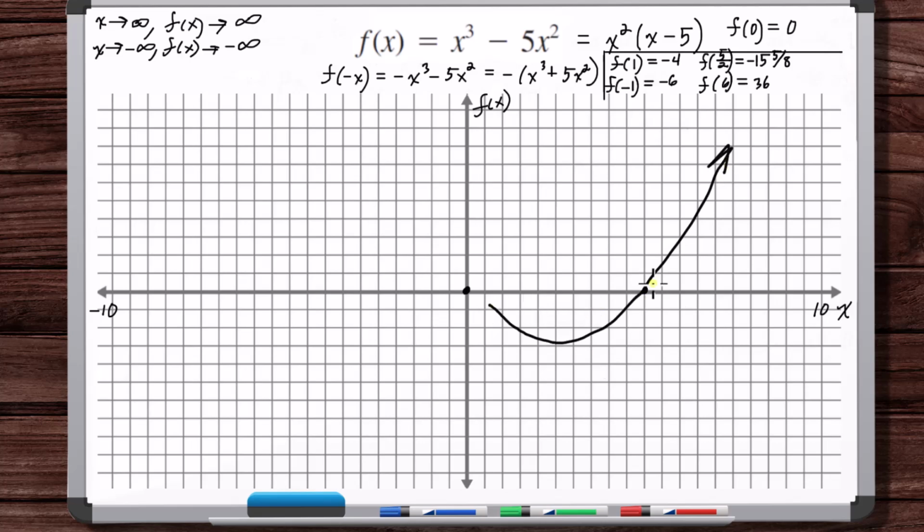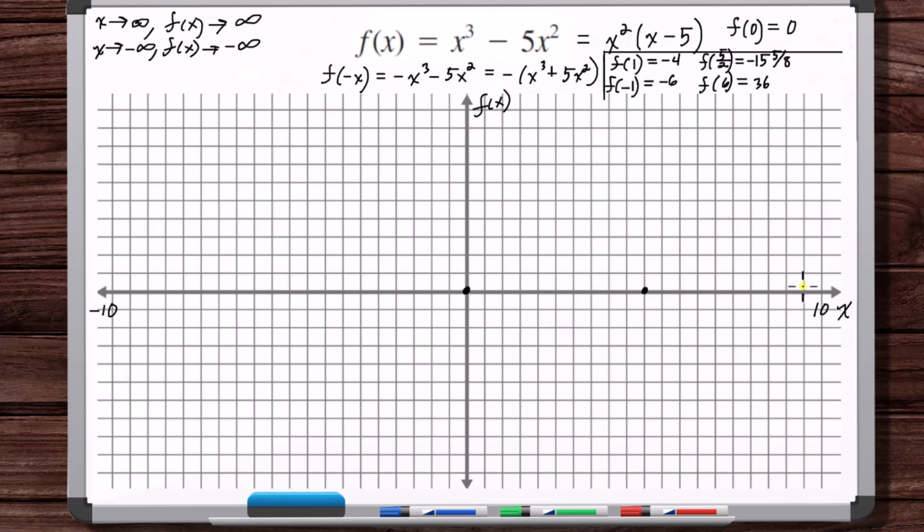And then you go, that seems reasonable, but we can see this is x is equal to 6, and the function value is 36, whereas like f of 1 and f of minus 1 are minus 4 and minus 6. So this is going to be pretty steep. We want to make this pretty steep.